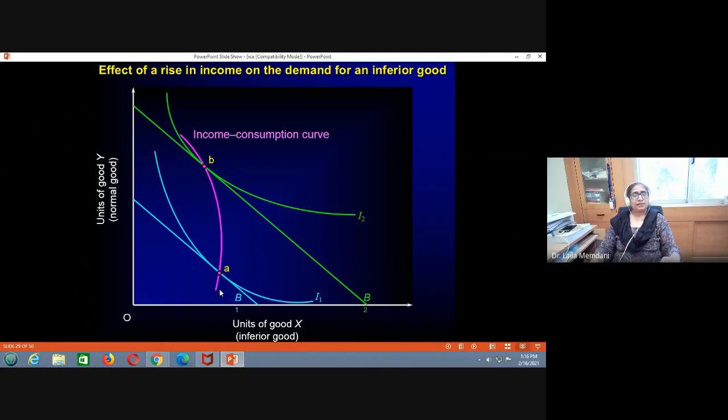It affects your reputation. So what you do is you start eating in restaurants. So your consumption of eating outside with the roadside vendors will decline with the increase in income.